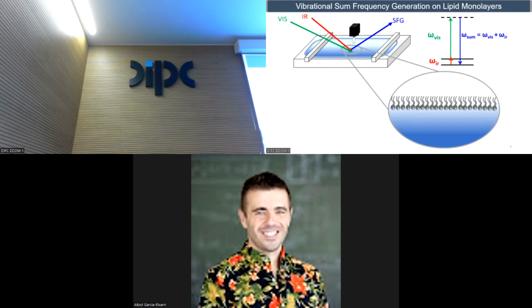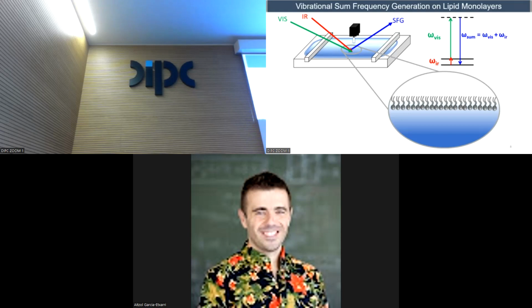Whenever this infrared is in resonance with any of the molecular vibrations present at the interface, it could be the lipids or it could be the water, you generate a 3rd photon that comes out of the interface, and that's a sum frequency photon. This sum frequency photon is only generated if the IR is in resonance, right? So you have a resonant process here.